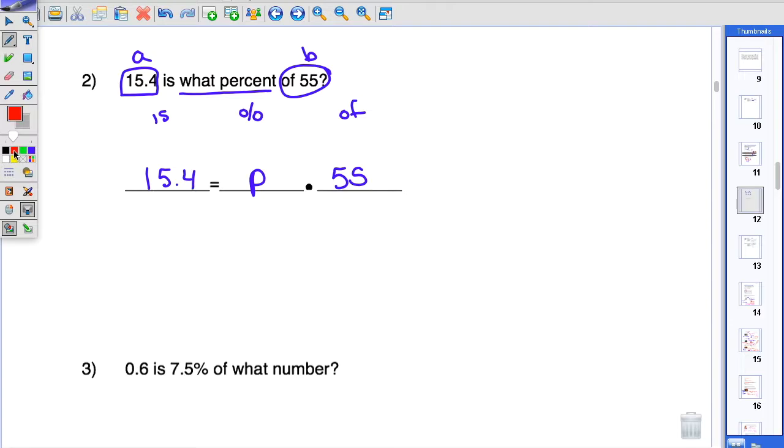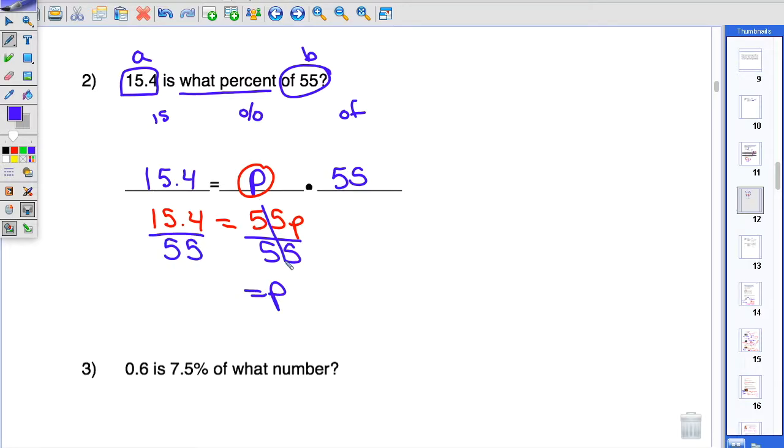Now in this problem, we don't have the variable by itself. We can rewrite this by multiplying your 55 by P. We can flip it around, so we have a one-step equation where 15.4 is equal to 55P. So we want to get the variable by itself by dividing both sides by 55.